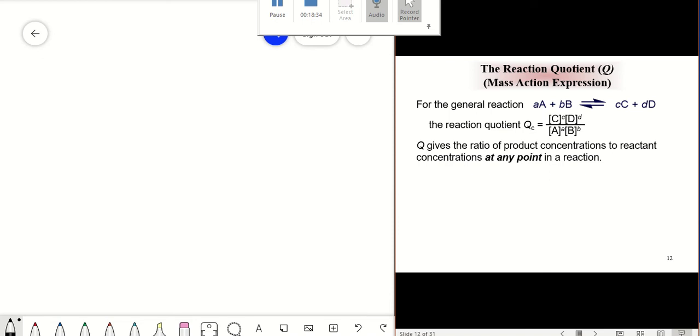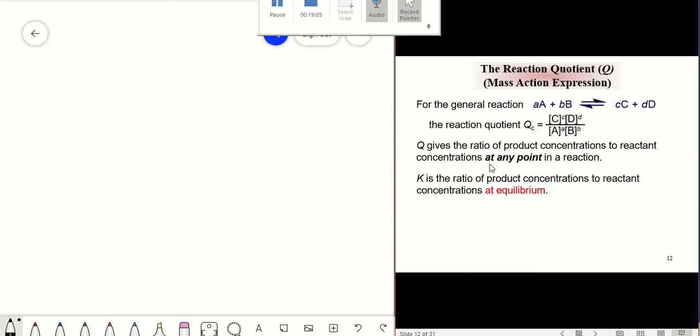Let's say I'm talking about the initial conditions where time is 0, then this expression would include the concentrations at that time point. If I'm talking about a certain time point in the middle of a reaction, then this expression would include the concentrations at that time point. Whereas in the case of chemical equilibrium, we are talking about the ratio of the concentrations of products and reactants at equilibrium.